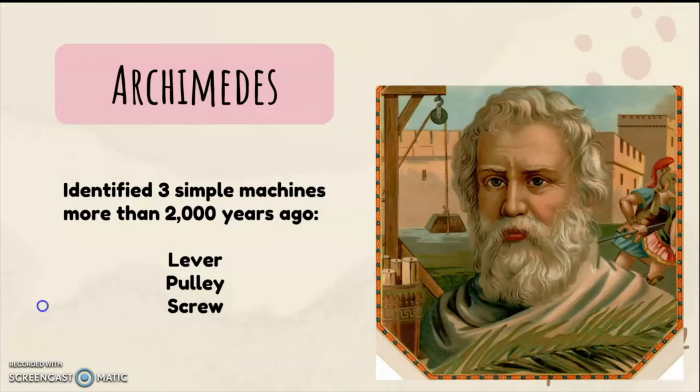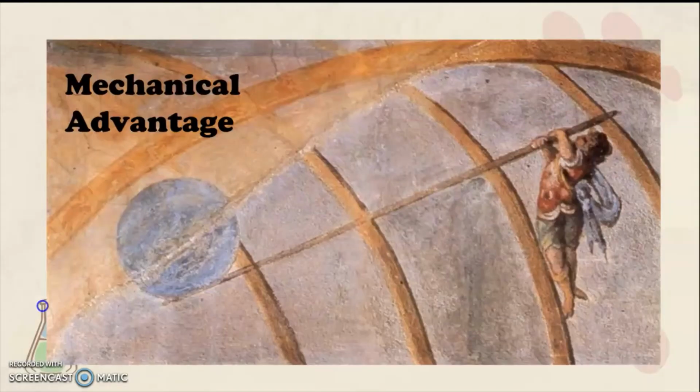He discovered that a lever would create a mechanical advantage, which means that using a lever would allow a person to move something that would normally be too heavy for them to shift. Archimedes said that with a long enough lever and a place to rest, a person could move the world.